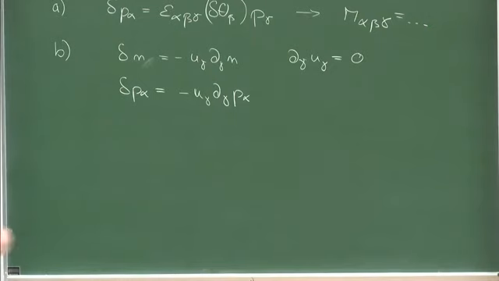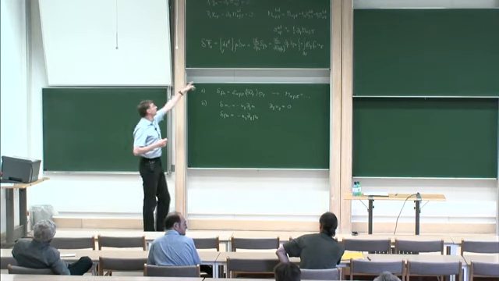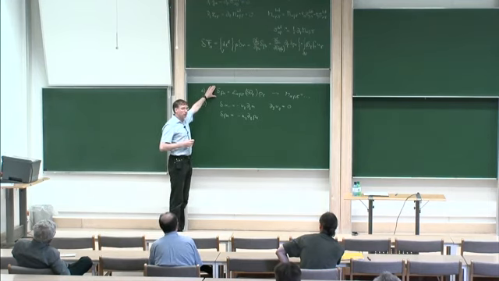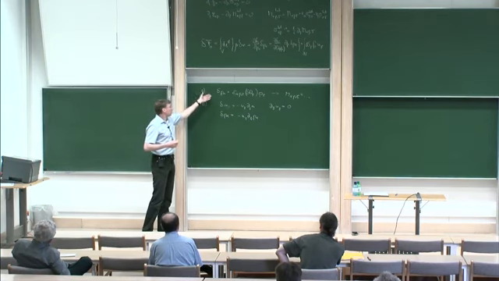And this is not represented by this variation. That's true, it's not. But first of all, I'm allowed to do basically any variation I want to do. This is the general expression, and here already I restricted myself to a variation where I just vary the polarization, the order parameter, but nothing else.